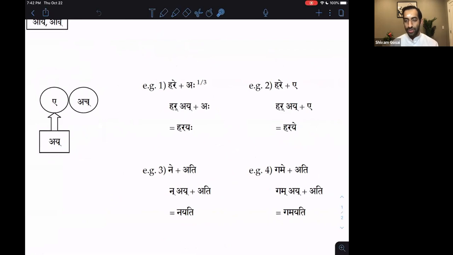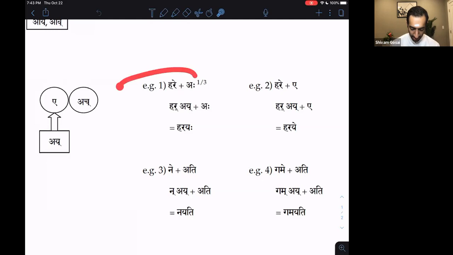Remember, we're saying H, which when H precedes any vowel. We're going to take the first H. The first H is A. So when A is preceding any vowel, it's going to get replaced by I.